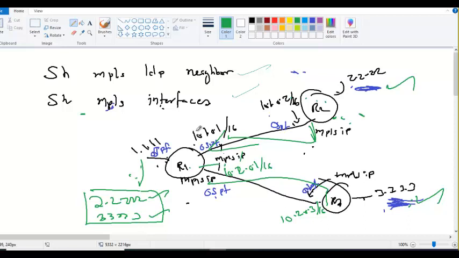If only one area, then we cannot have too many routers in OSPF. That's true. You cannot have too many routers.